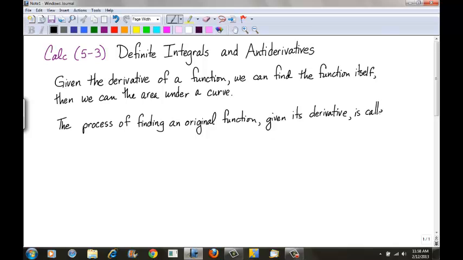We've spent the majority of this year doing differentiation, but this is called integration. I got to spell it right. Integration. And it is the inverse of differentiation.